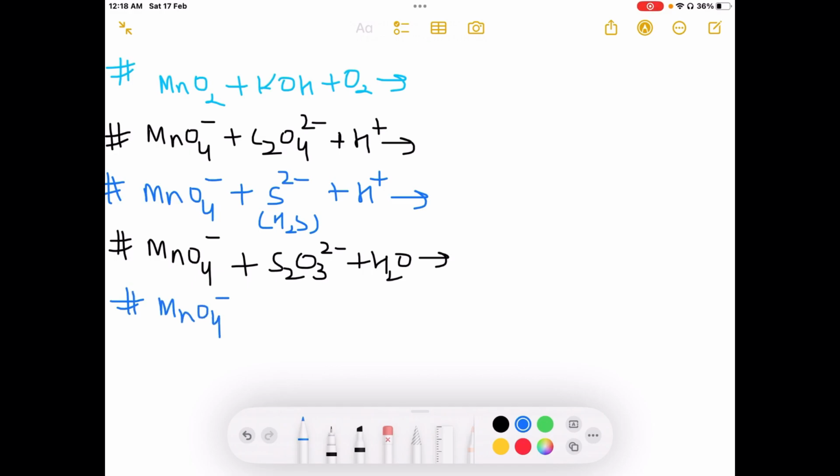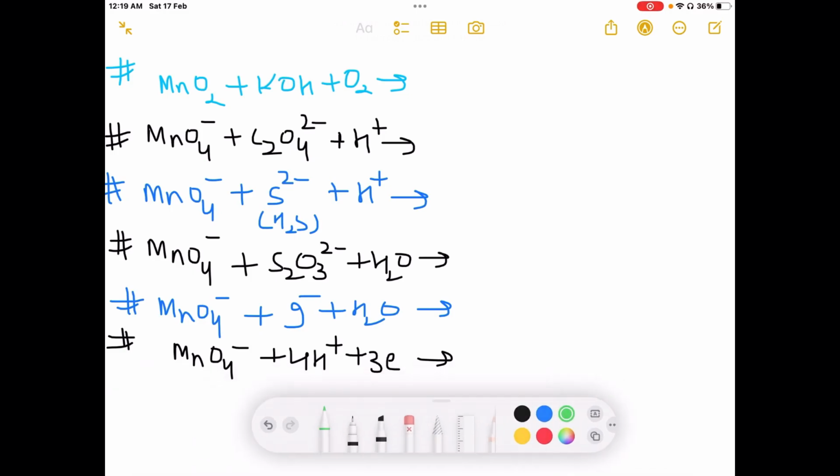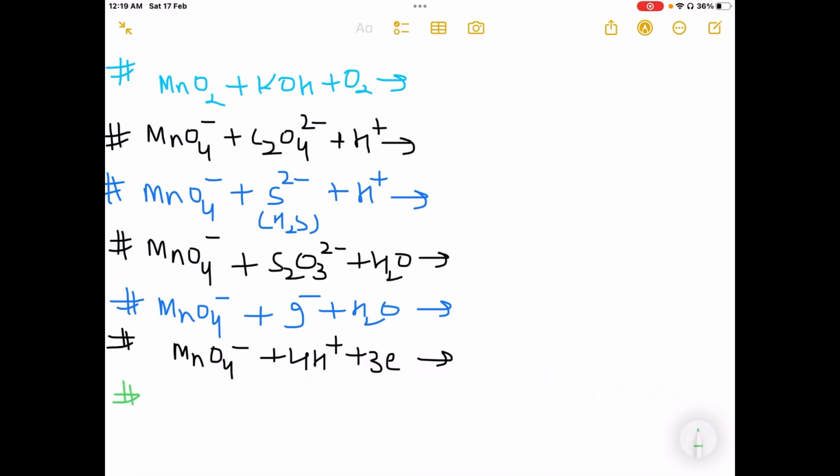MnO4 minus plus iodide, in weakly alkaline or neutral medium. MnO4 minus plus 4H plus 3 electrons changes into, and finally, most importantly, decomposition of potassium permanganate.